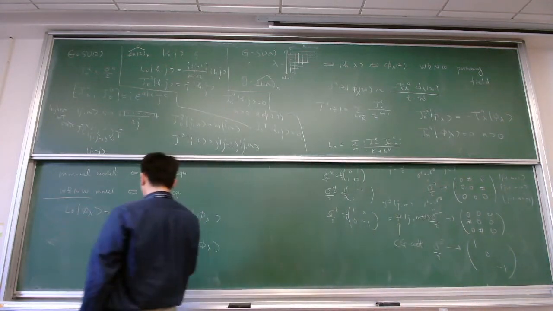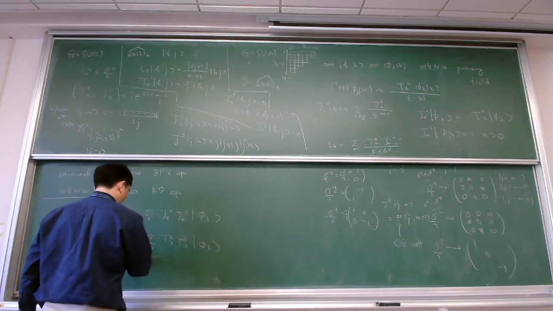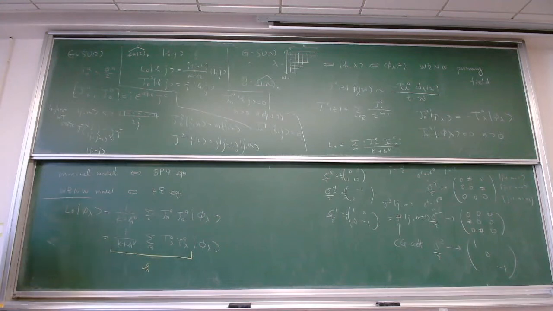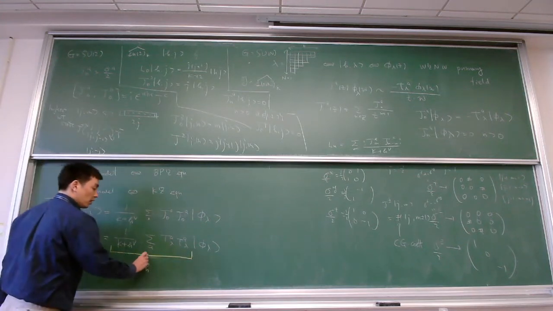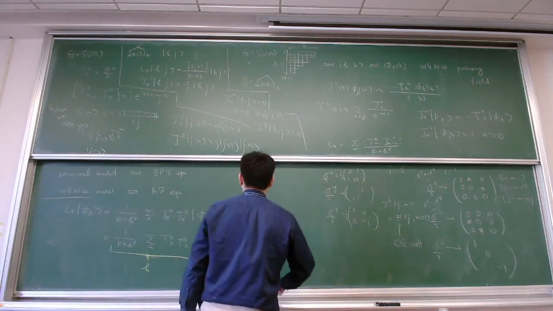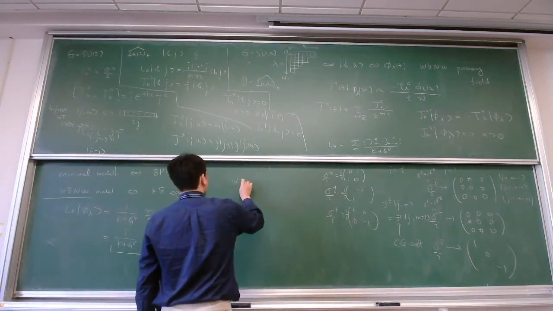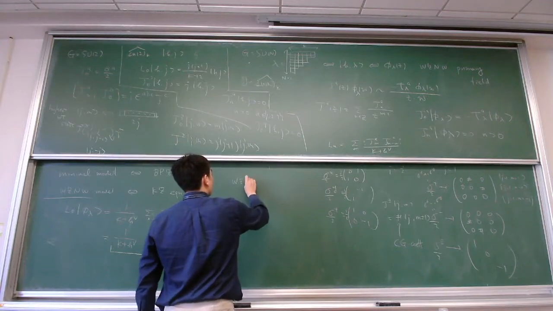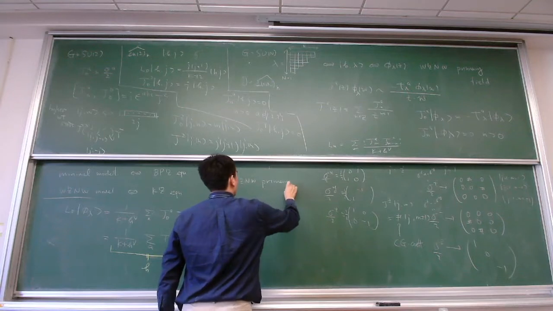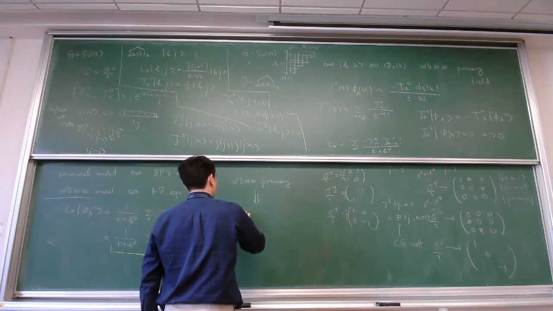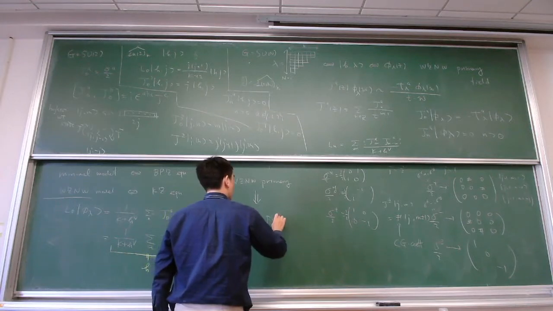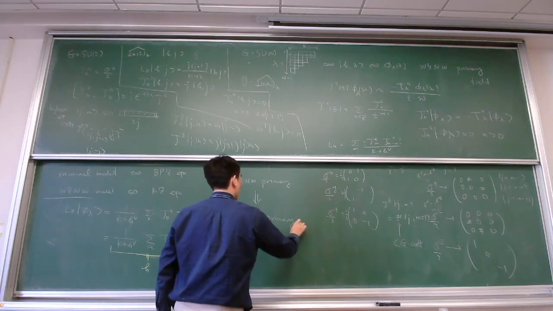So this becomes the conformal dimension of this primary field, the Wess-Zumino-Novikov-Witten primary field. Do you understand what I mean?